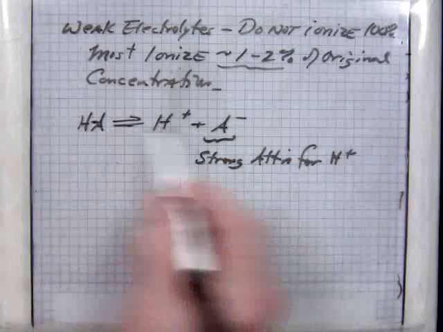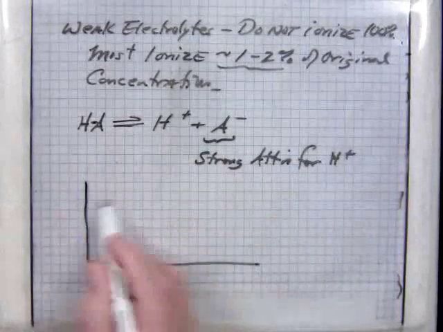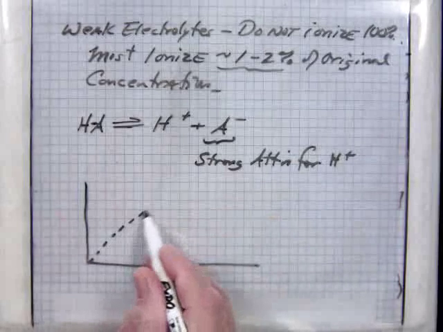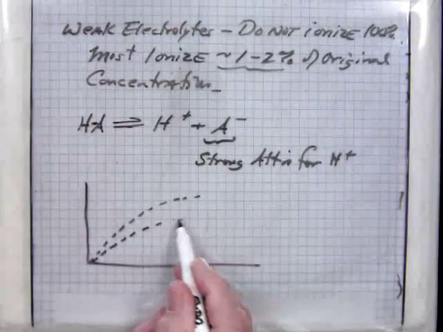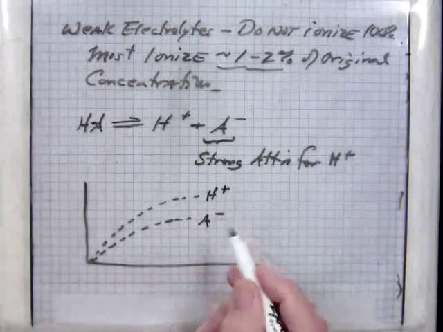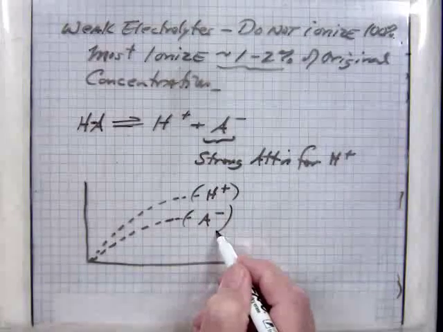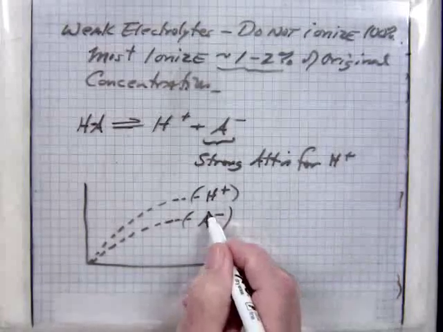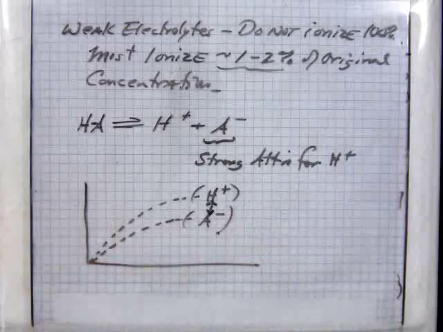So as it delivers in the first few seconds, the concentrations of hydrogen may be coming up, and the concentrations of the anion, H plus, A minus. As these concentrations increase, what happens is this begins to attract that hydrogen with a great deal of force.